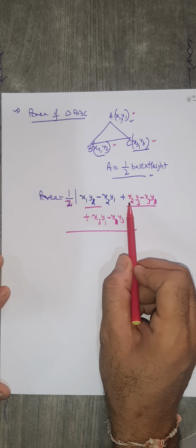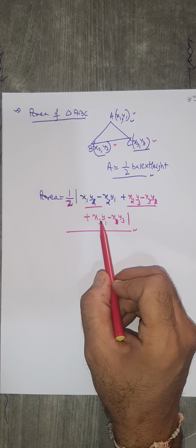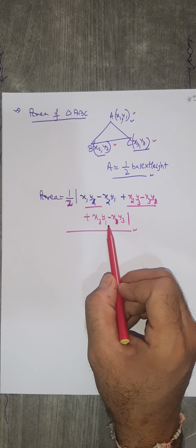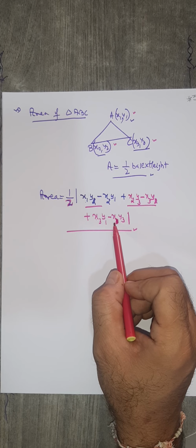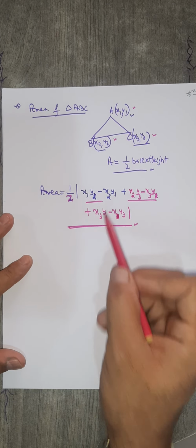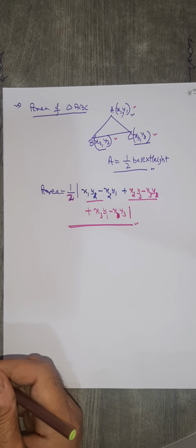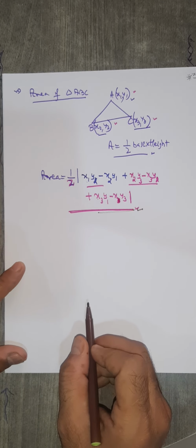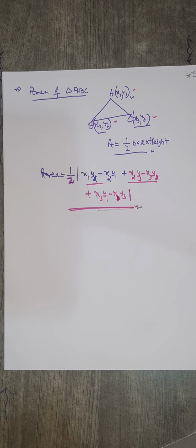You had used x2, now x3, in circular it is y1, so we have x3 y1 minus x1 y3. This is one way. If you know another way, the final answer will be the same, but this is the basic formula. Okay, this much is up to 10th standard, you did it and you know it.